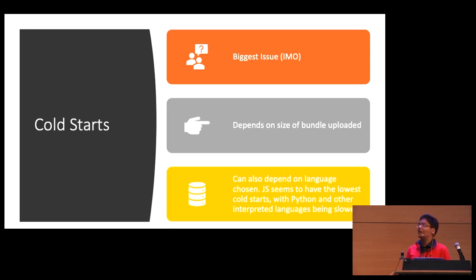And now we have to confront the elephant in the room. Cold starts are really hard with serverless programming. Basically, whenever your application goes unused for a period of time determined by the cloud provider, the instance that's serving your application will be shut down in order to conserve their cost.